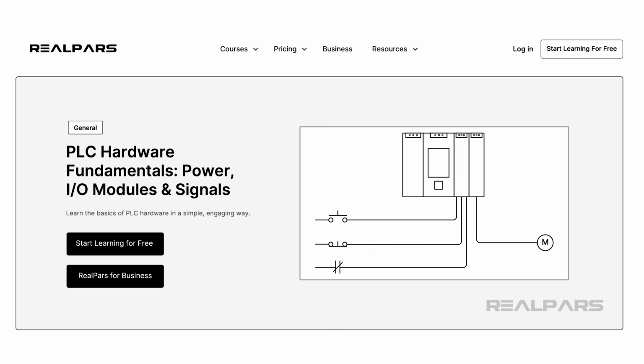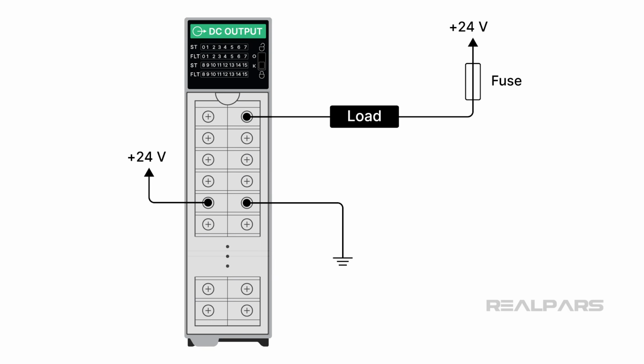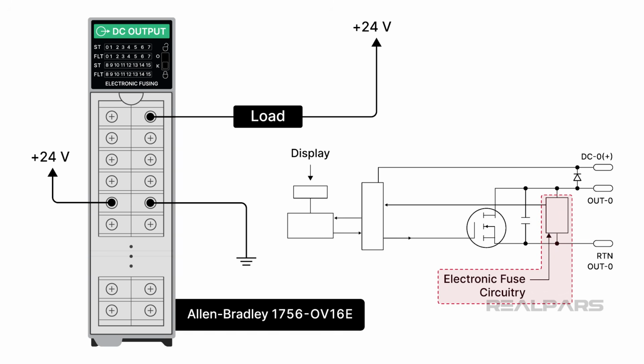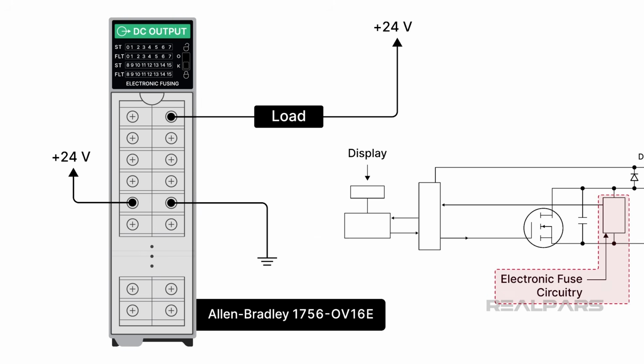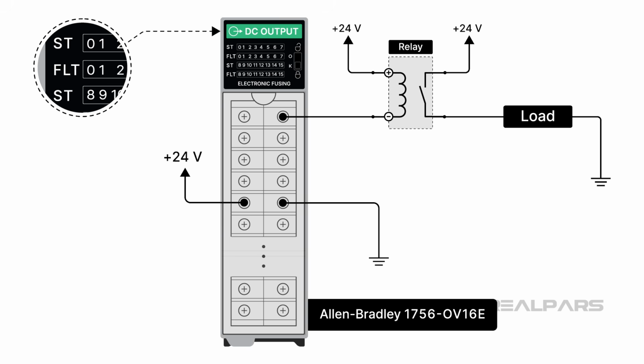There are a couple of things to keep in mind. Solid-state output module loads are usually externally fused unless the module has built-in electronic fusing, such as the Allen-Bradley 1756-OV16E. These modules can handle only low-current loads. In general, any load that does not rely on high-speed switching and draws more current than a simple lamp requires an interposing relay.